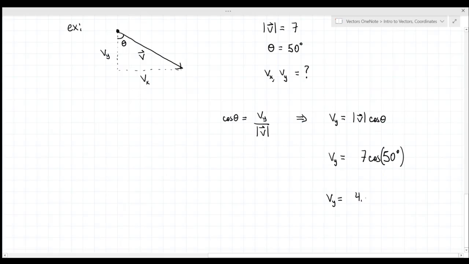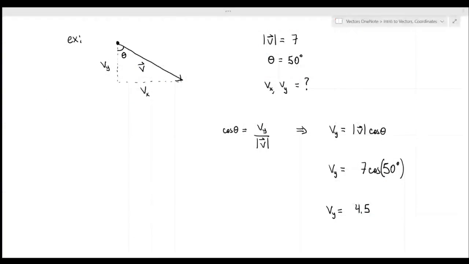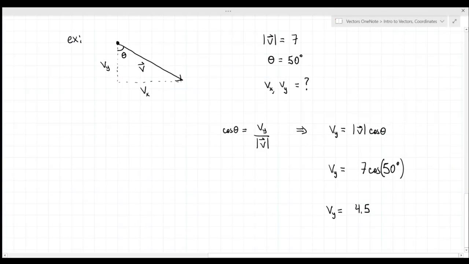Now, do you guys maybe notice something that's a little bit off about that answer? The y component being 4.5. Yeah, correct. So in the picture, you see that the y component should be negative because it's going downwards. So when you're doing trig to get the x and y components, it's not going to take into account the sign of your component.